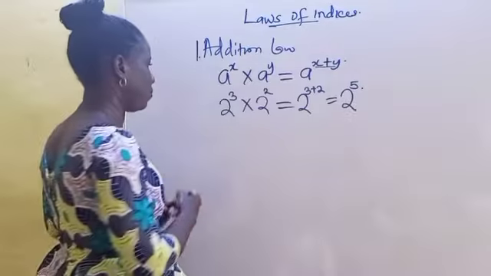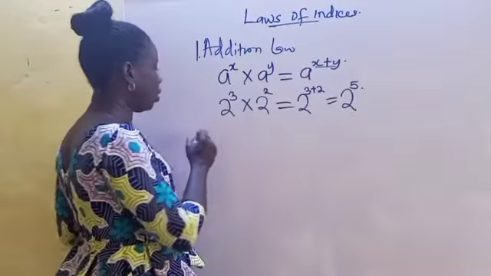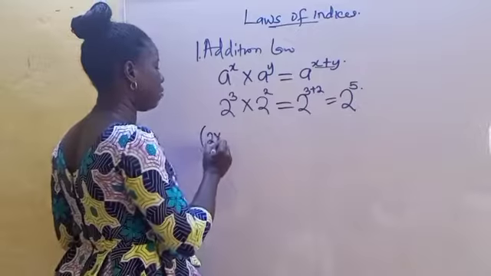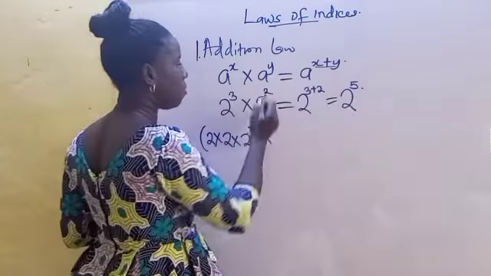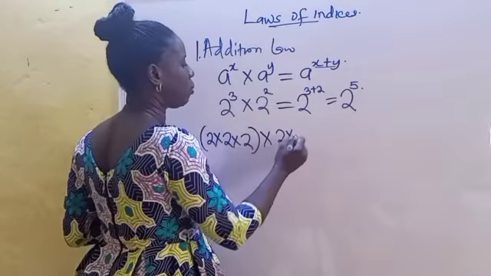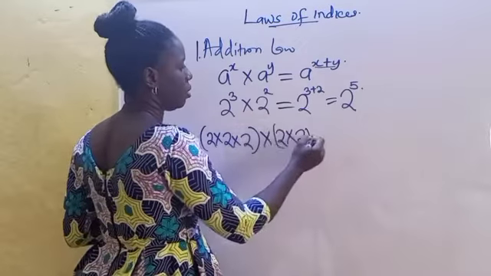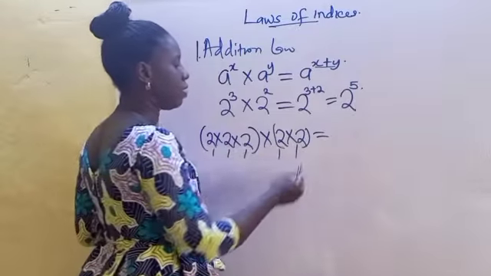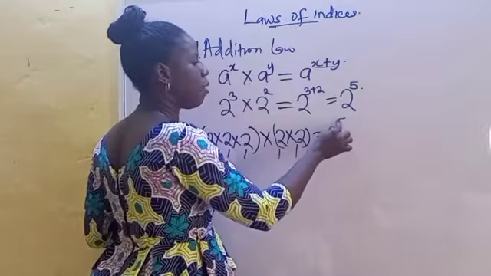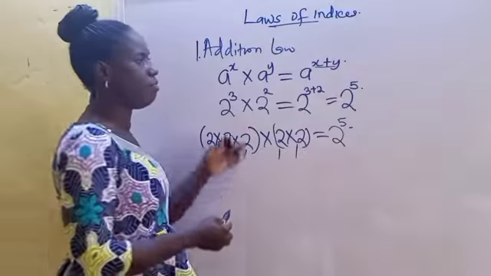Let's find out. 2^3 tells us 2 is multiplying itself 3 times, multiplied by 2^2, 2 multiplying itself 2 times. So let's count: 1, 2, 3, 4, 5. It simply means 2 to the power of 5. Very correct.